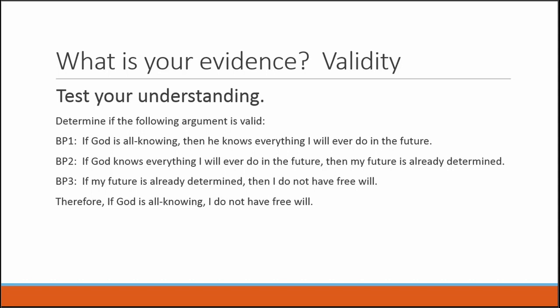Therefore, if God is all-knowing, I do not have free will. So you're asking yourself, is this argument valid? We're going to suppose for the moment that all of the premises are true. Supposing that all 3 of these premises are true, could the conclusion be false?